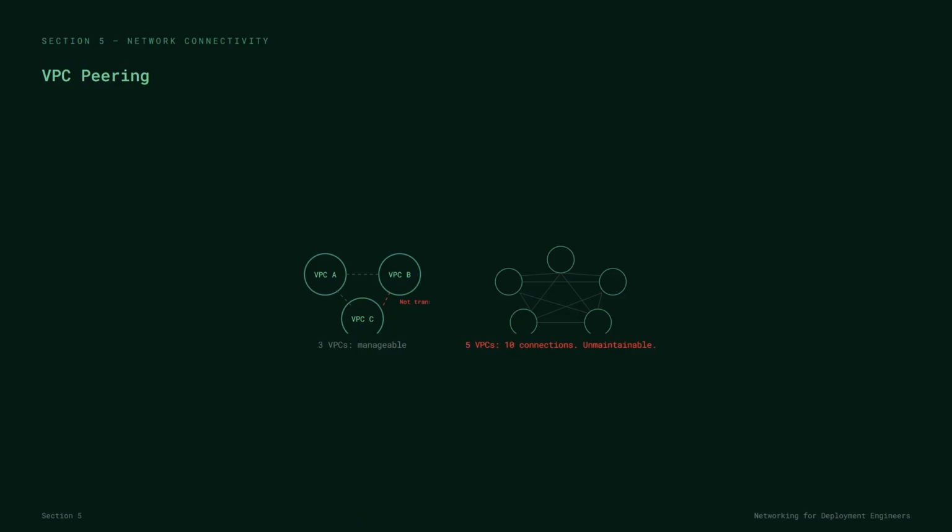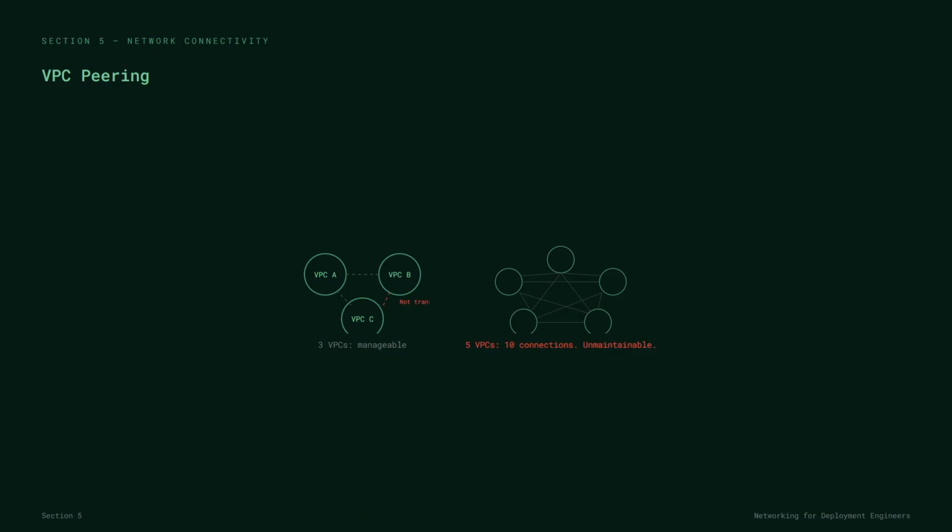That means if VPC A is peered with VPC B and VPC B is peered with VPC C, VPC A cannot reach VPC C through B. You have to create a direct peering between A and C as well.